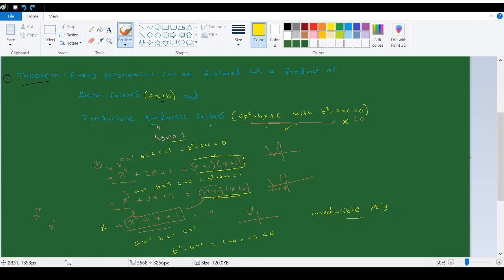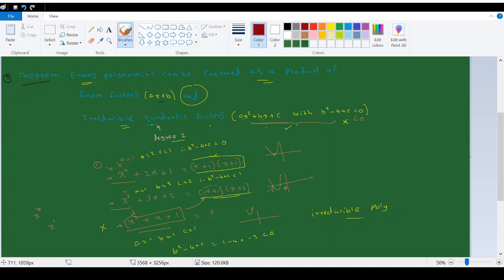So the theorem says every polynomial can be factored as a product of linear factors and irreducible quadratic factors. This is the theorem, and we are not going to discuss the proof of that theorem. We just understand the meaning and apply it in our theory, right?